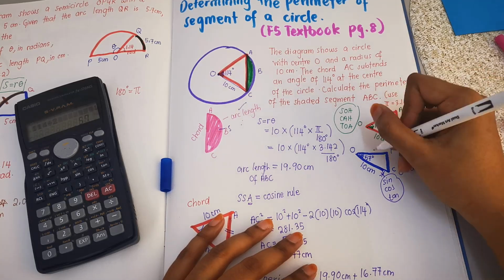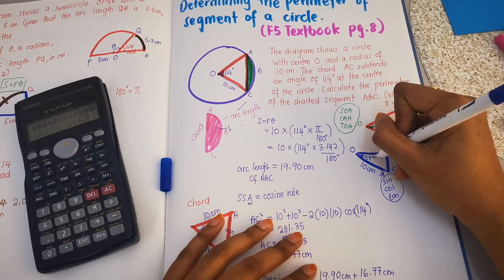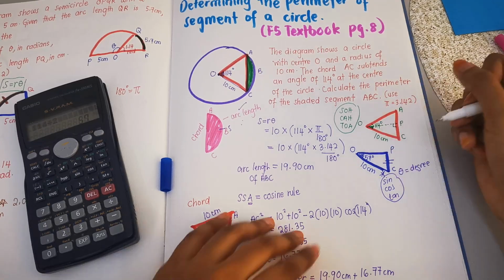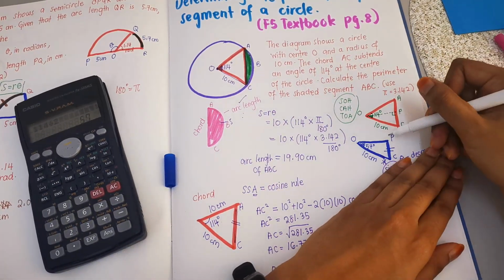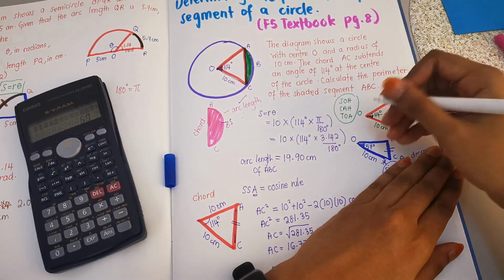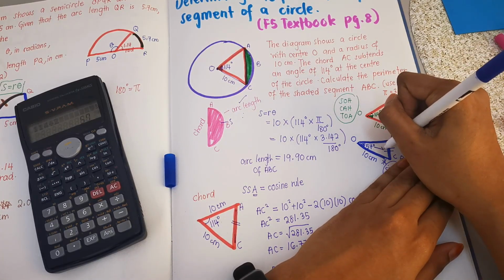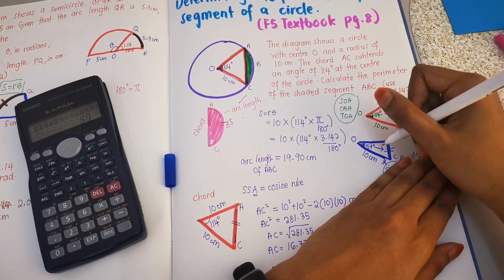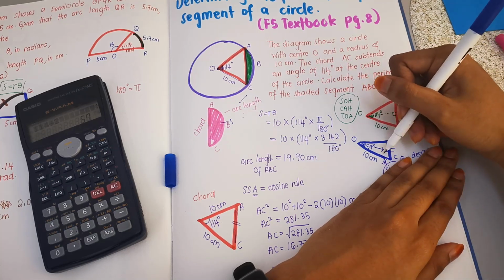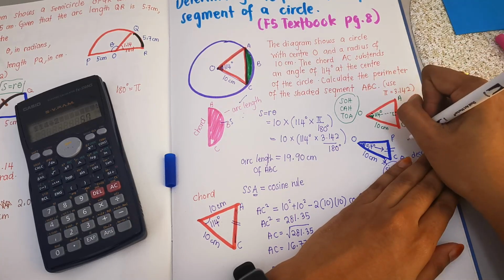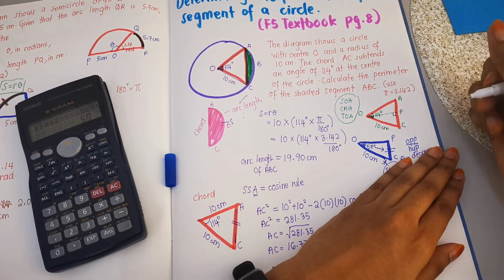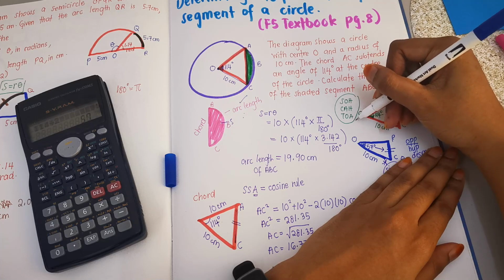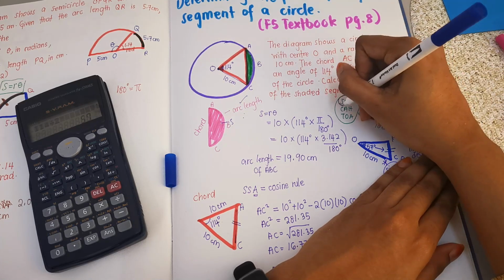Look at this angle. We want to find PC. Ignore this. This is opposite, and the length here that we have is the hypotenuse. So which one is opposite over hypotenuse: sine, cos or tangent? Obviously sine.